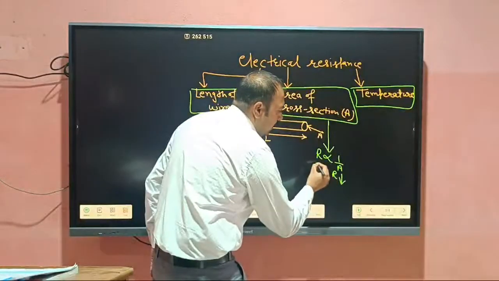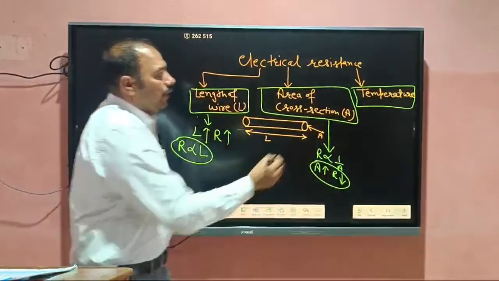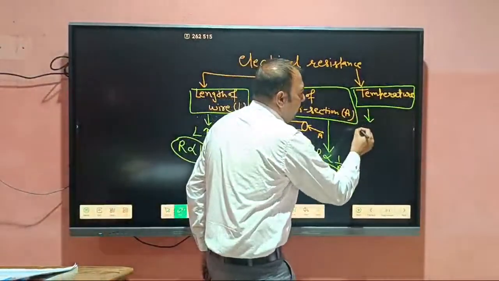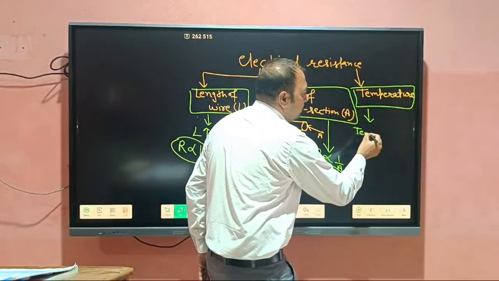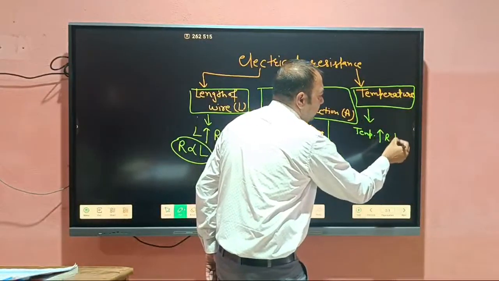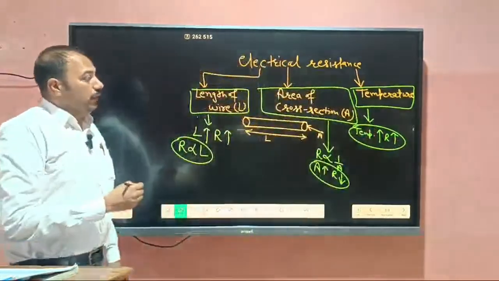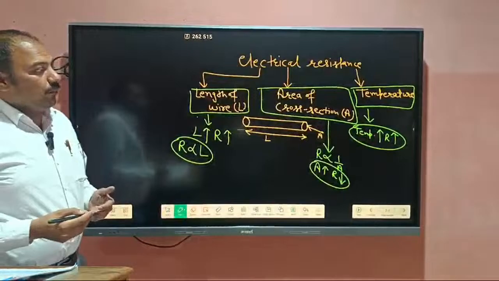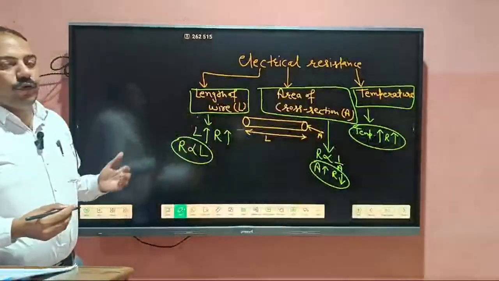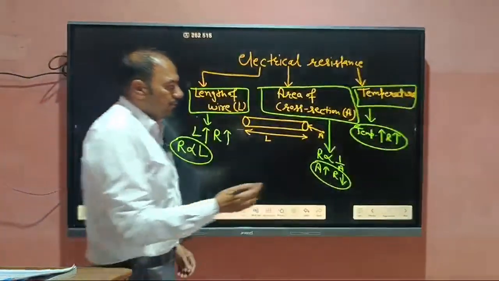So R decreases. And third, if we increase the temperature, then what happens? Resistance increases. So these were already explained in the previous lecture. These are the important factors on which the resistance of the conductor or a wire depends.